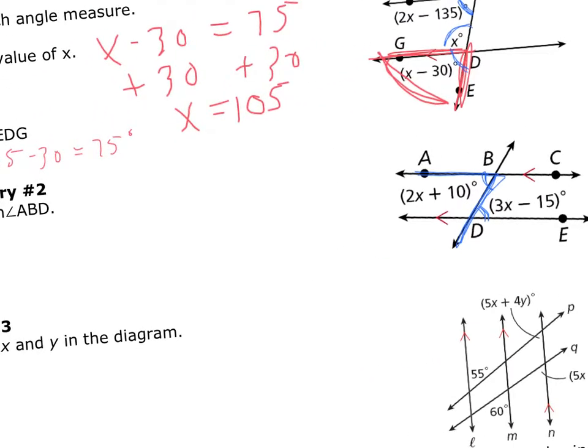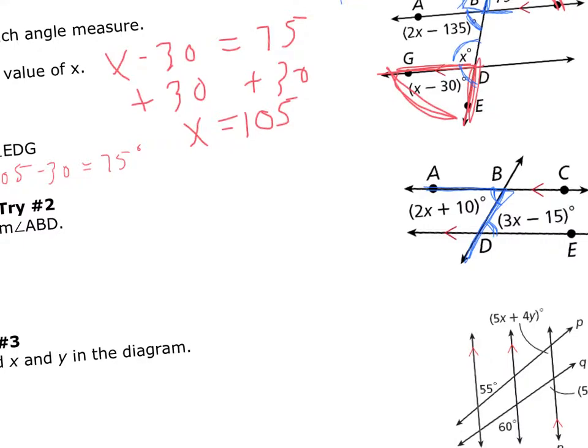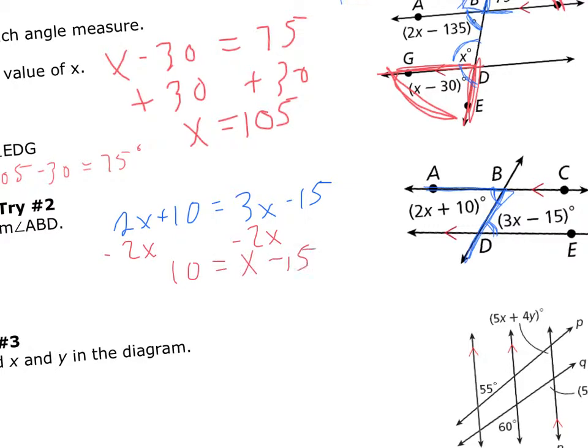So we would have 2x plus 10 equal 3x minus 15. And then we can go ahead and solve this. So we would subtract 2x on both sides and get 10 equals x minus 15, and then of course add 15 to both sides.